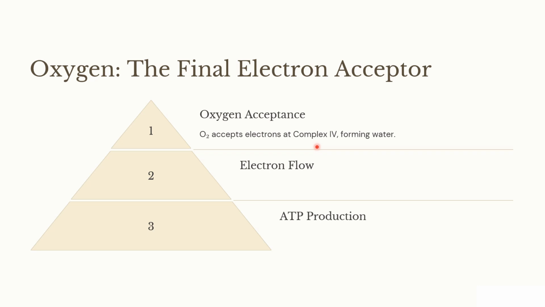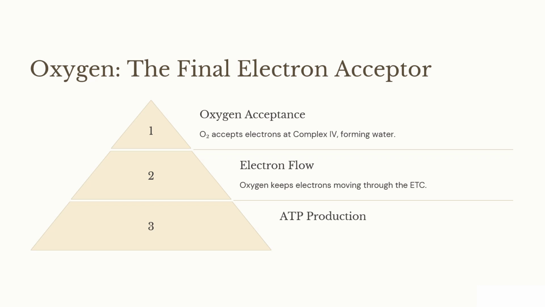And the protons are also entering into the mitochondrial matrix. After a while, the oxygen will accept the electrons as well as protons, forming water. This reaction, that is the formation of water from oxygen, is essential to prevent the electrons from backing up in the electron transport chain.